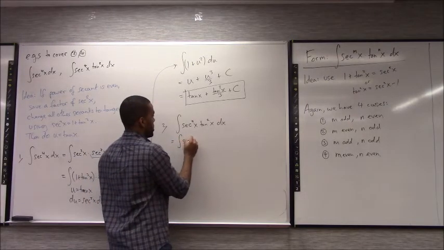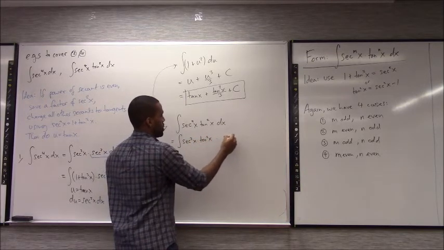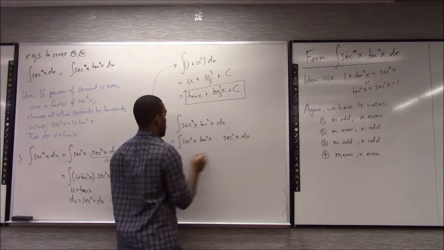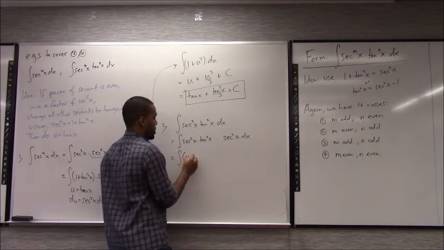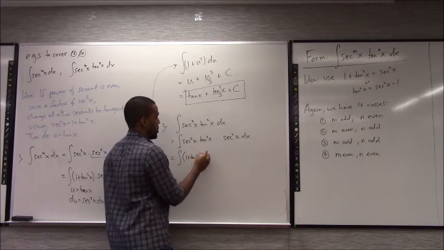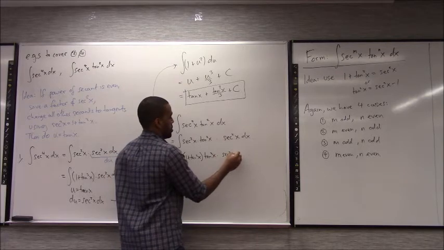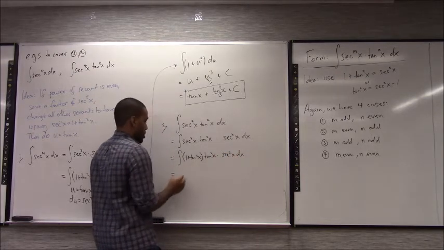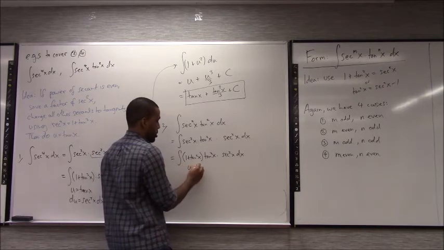Then I'd leave this as secant squared times tangent squared, and put my secant squared at the end. Change all other secants to tangents, that's 1 plus tangent squared times tangent squared.